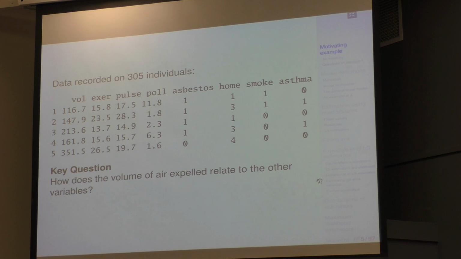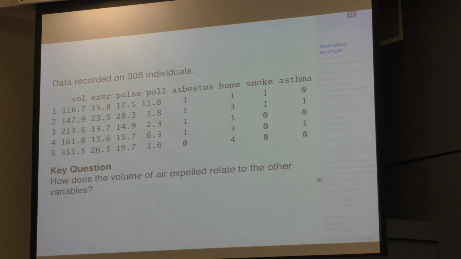So those variables, the asbestos, home, smoke, and asthma, they are what I may call categorical variables or qualitative variables, because they are taking values which mean something. Those values are not just numbers. So 1 is not just the number 1, but it means something. The 3 of them, the asbestos, smoke, and asthma, because they take only 2 values, 0 and 1, are also called binary variables.